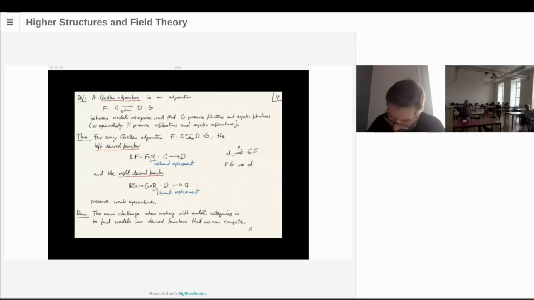So this is now the identity functor on C, this is the identity functor on D, this is the unit, co-unit, and these satisfy triangle relations.